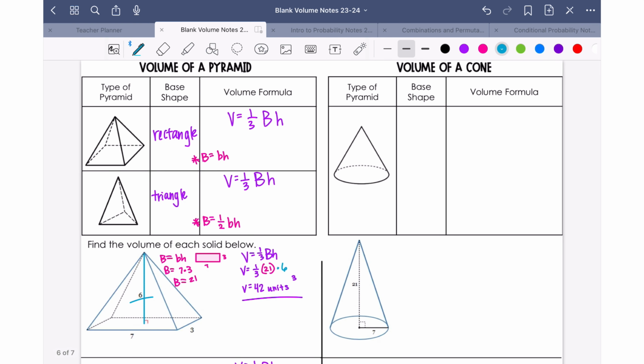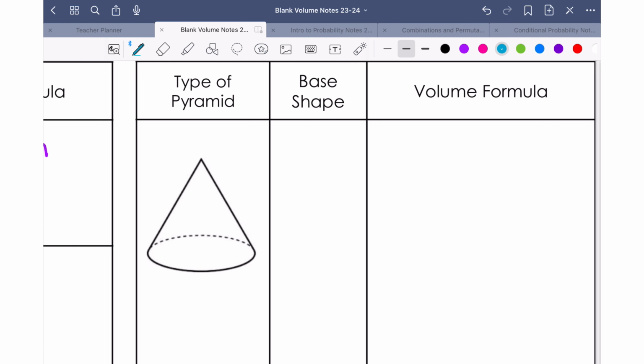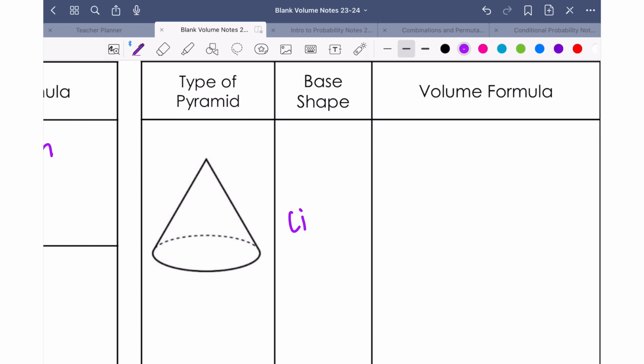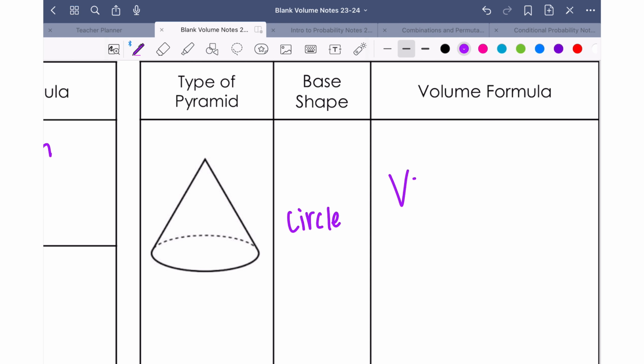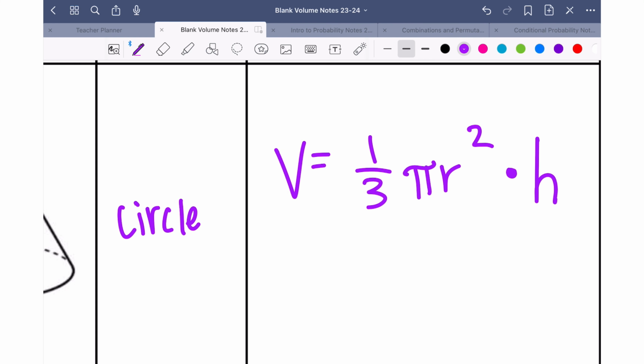Let's keep going. For a cone, the base is a circle. Y'all know I like circles. And the formula is 1/3 pi r squared times the height. Okay, 1/3 times pi r squared times the height.